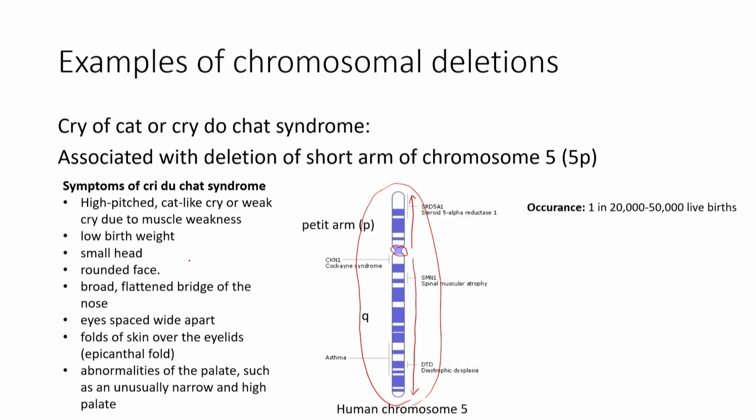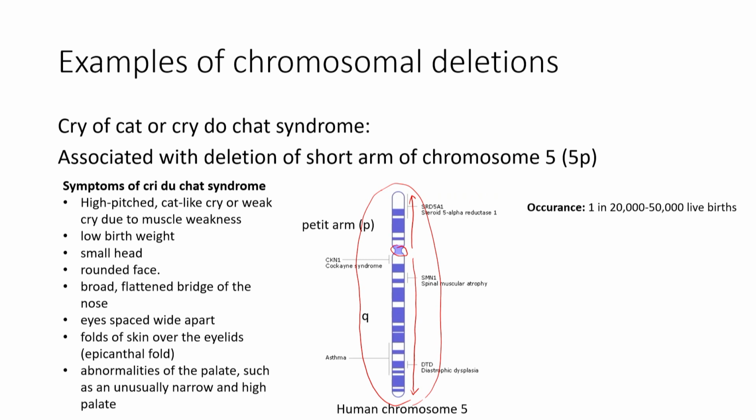Low birth weight, small head, rounded face, broad flattened bridge of nose, that is flat nose, eyes spaced wide apart, folds of skin over eyelid, this is called epicanthal fold that I had talked about in earlier lecture in Down syndrome also.